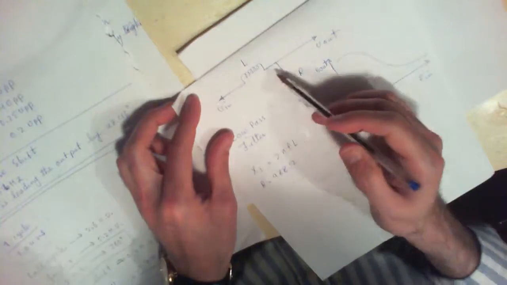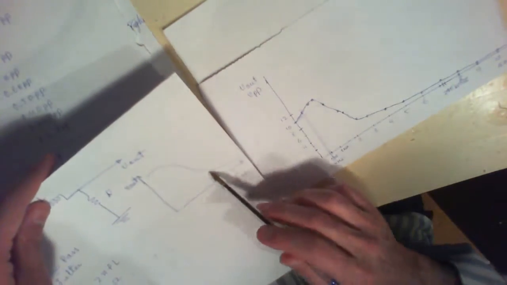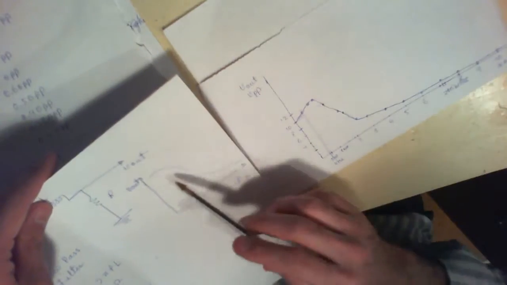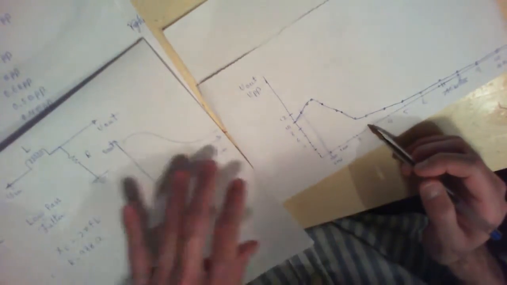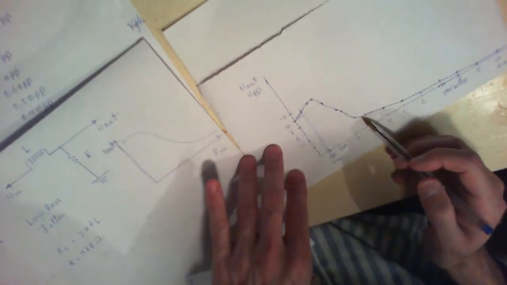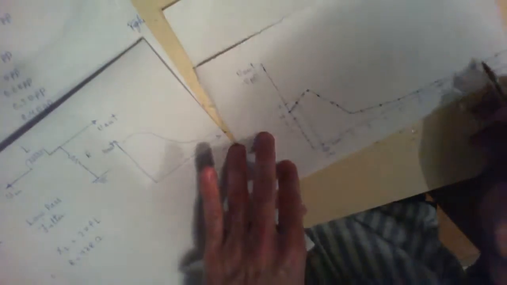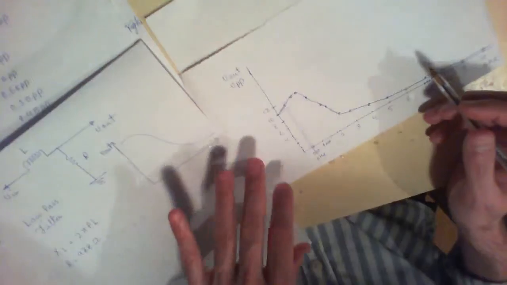This was my input signal, this was my output signal, and we got kind of the same graph over here. At low frequencies I had much of my input, and then at high frequencies the output started decreasing.